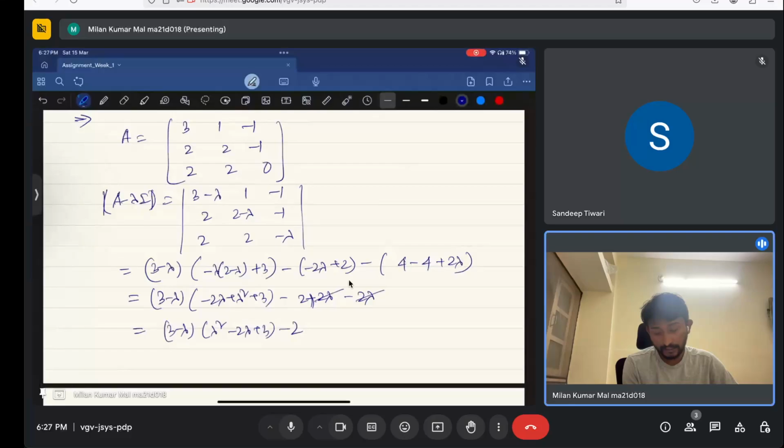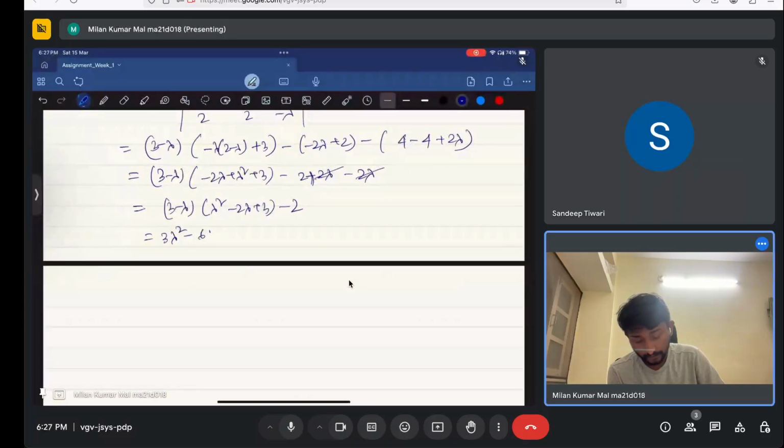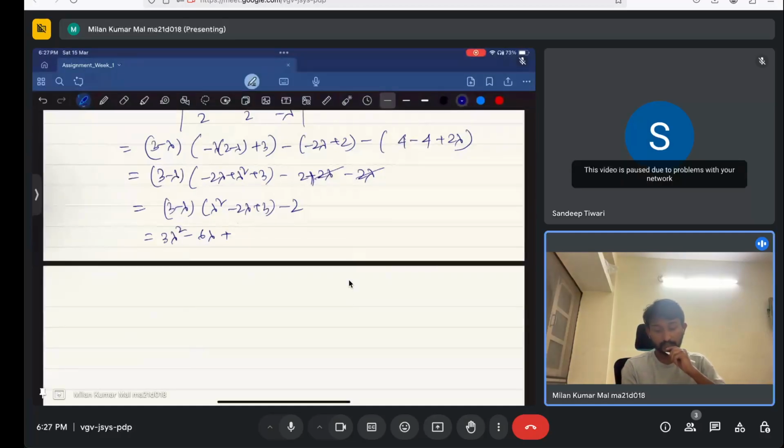So 4 is clearly an eigenvalue because every row sum is 4, therefore 4 is an eigenvalue. So let's see whether we are in the correct direction or not. 3 lambda square minus 6 lambda plus 9 minus lambda cube plus 2 lambda square minus 3 lambda minus 2.